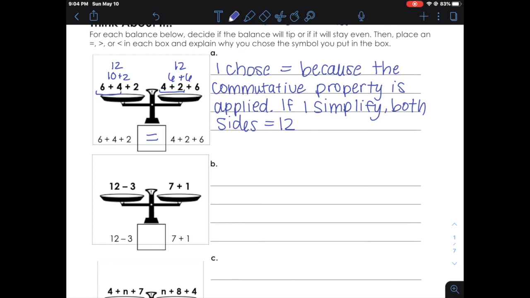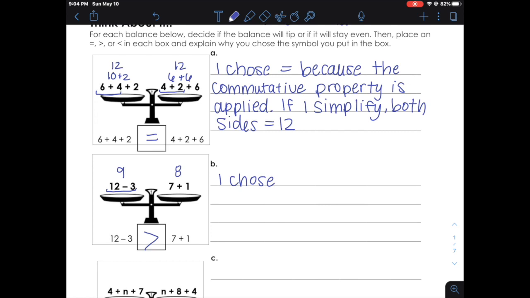Example B, on the left side we have 12 minus 3, and on the right side we have 7 plus 1. So these are different numbers, so let's go ahead and solve the left side first. 12 minus 3 gives us 9. And 7 plus 1 gives us 8. So 9 is greater than 8, so I need the mouth of my alligator to be open to the 9, where the mouth is always open to the greater number, and the greater number is 9, so we want that mouth open to the 9.